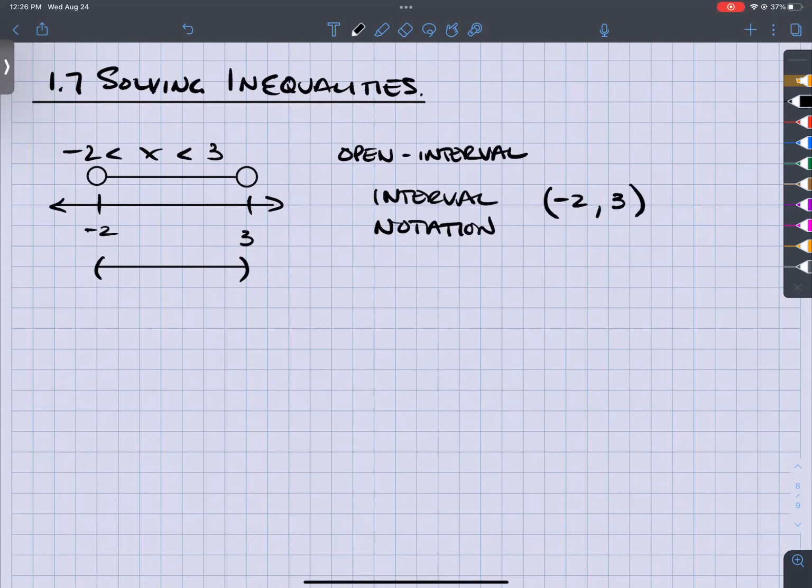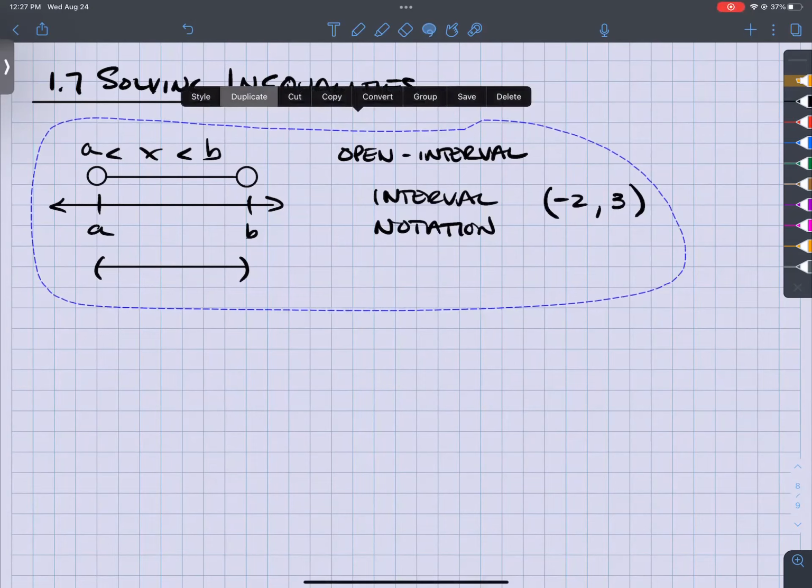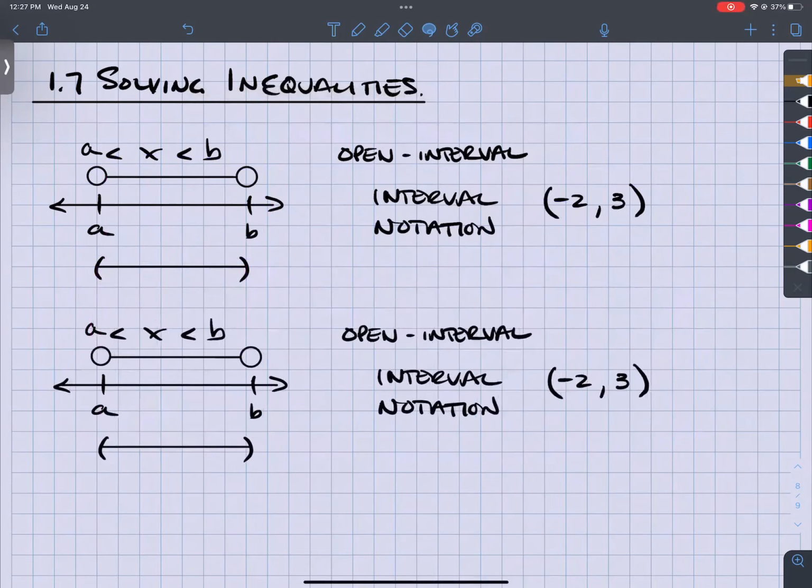So instead of using -2 and 3, I just use a and b instead, right? That's what I did. Does that make sense? Questions? No? Okay.